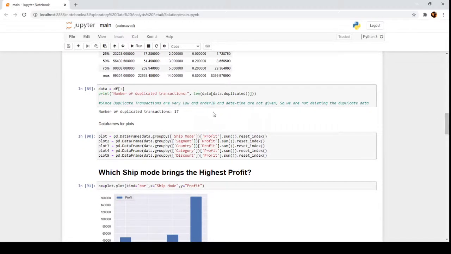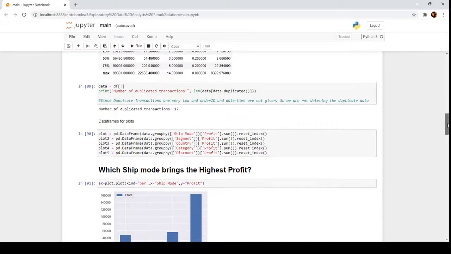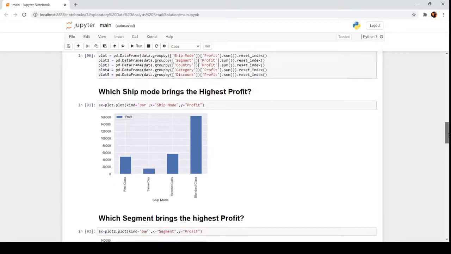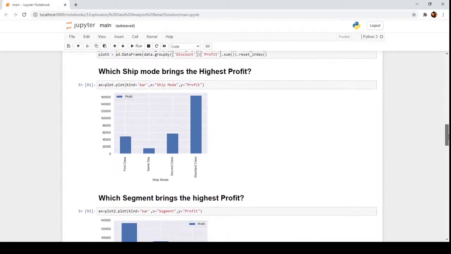Since duplicate transactions are very low and order ID and date and time are not given, we are not deleting the duplicate data. And now we are framing the plots for the data frames. Here it is done, and now everything will be shown graphically to you.